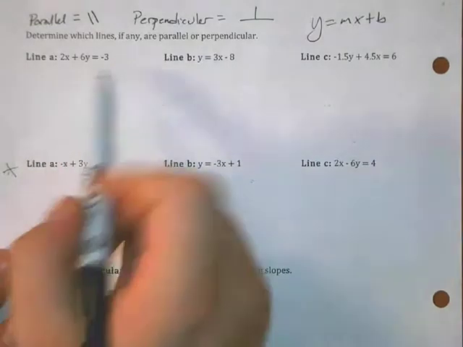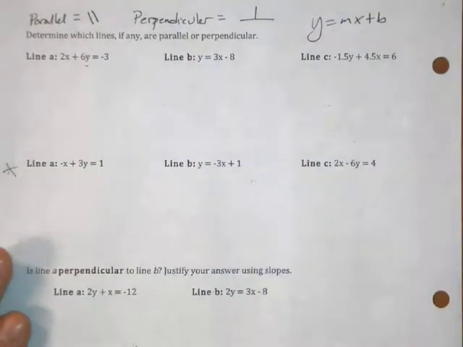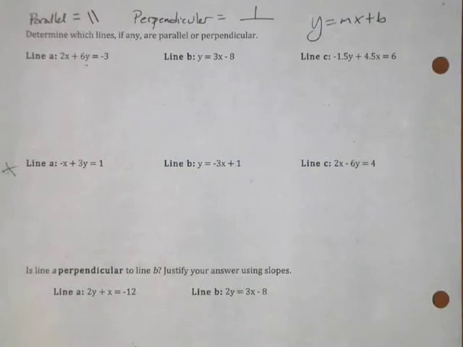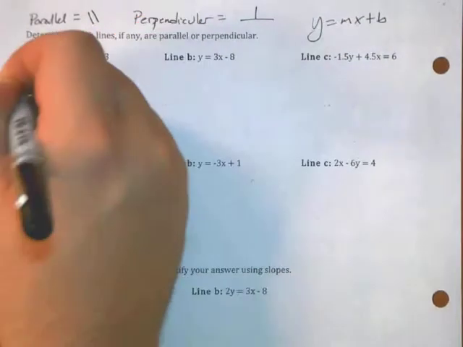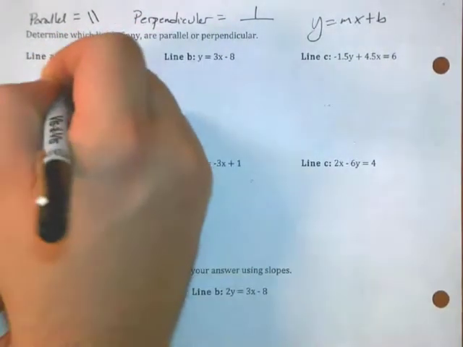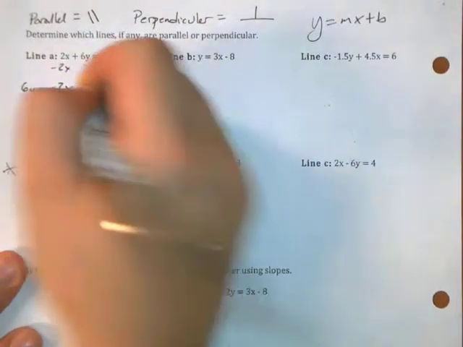So let's start with this first guy. I want to write line A here in y equals mx plus b form. So I could subtract 2x and get 6y equals negative 2x minus 3.